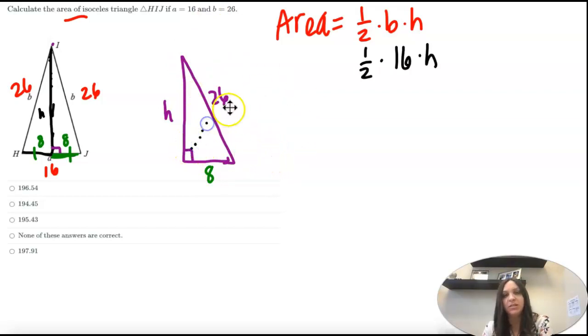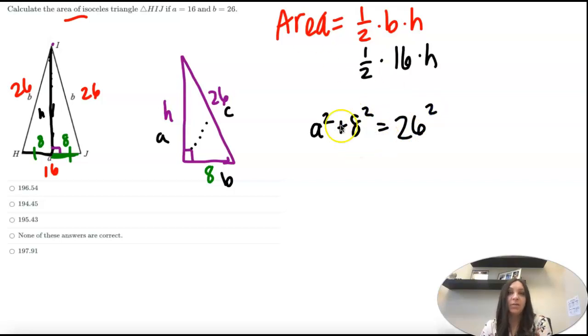Remember, C is always across from the right angle. And then A and B are the legs. So I would have A squared plus 8 squared equals 26 squared. And now we have to solve for A, or that's actually H, right? So I'm going to keep 8 squared as it is and subtract it.